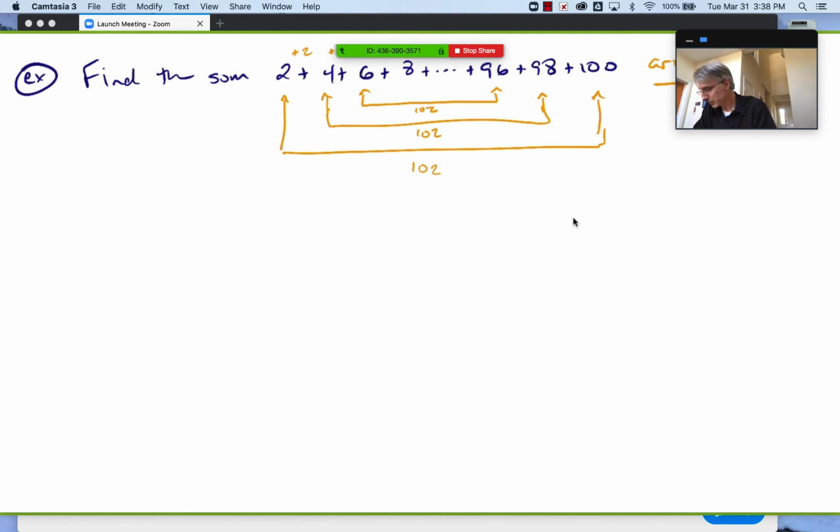And so conceptually, the sum of these terms is going to be whatever the first term plus the last term is, and then however many pairs there are, and the number of pairs is going to be the number of terms divided by 2.